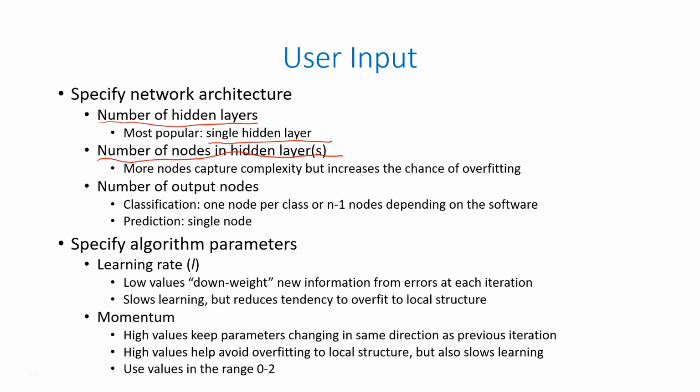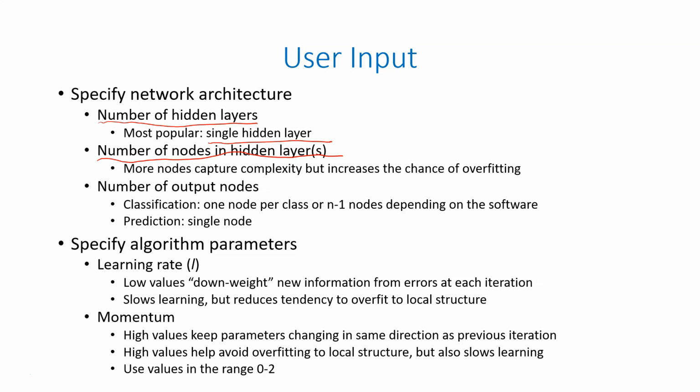If overfitting is detected, you should decrease the number of nodes, and if underfitting is detected, you should increase the number of nodes. Again, as with many data-driven techniques, the optimal number of nodes is dependent on the data, so a trial and error approach is usually the most effective.